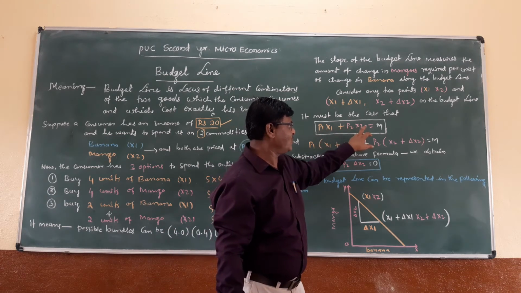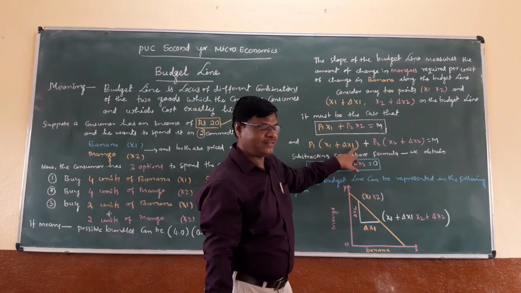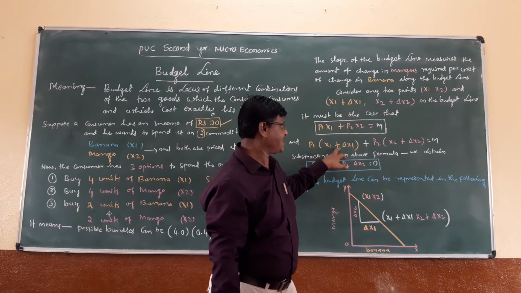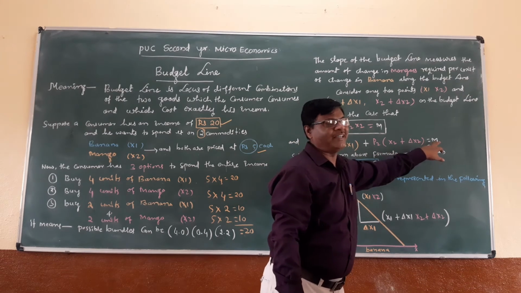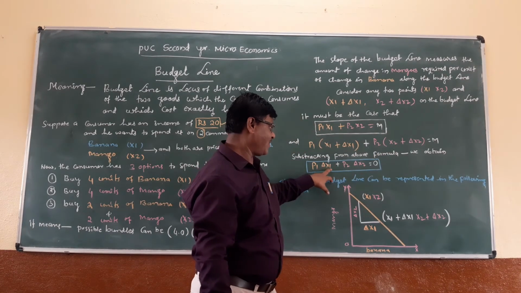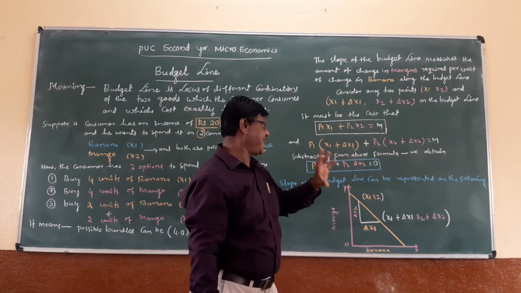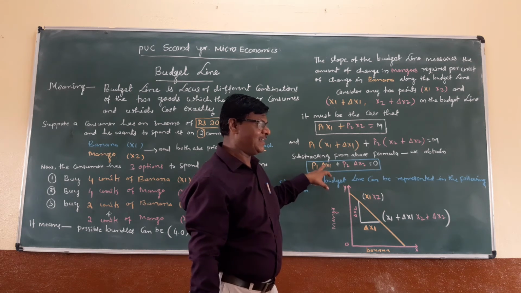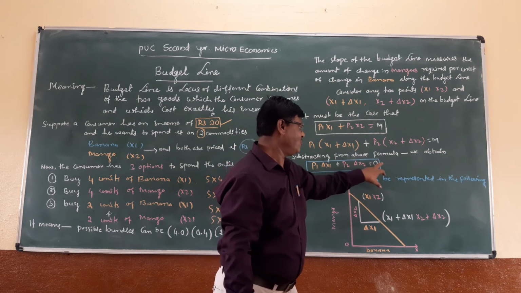P1 x1 plus P2 x2 is equal to M. And P1 into bracket x1 plus delta x1, plus P2 into bracket x2 plus delta x2, is equal to M. Subtracting from the above formula, we obtain P1 delta x1 plus P2 delta x2 is equal to 0, where P1 is the price of x1, delta x1 means change in x1, P2 is the price of x2, and delta x2 means change in x2.